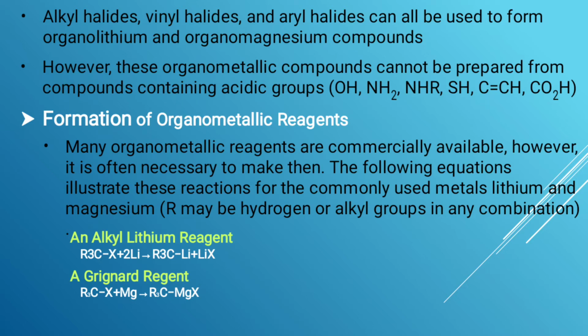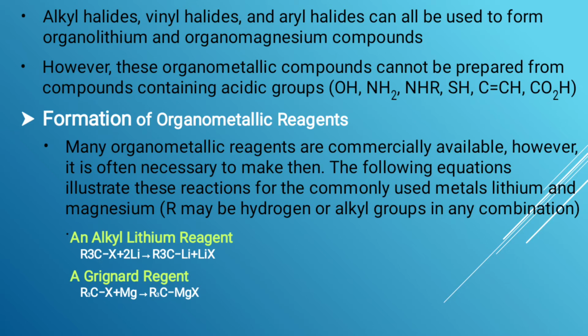Formation of organometallic reagents. Many organometallic reagents are commercially available, however, it is often necessary to make them. The following equations illustrate this reaction for the commonly used metals lithium and magnesium.